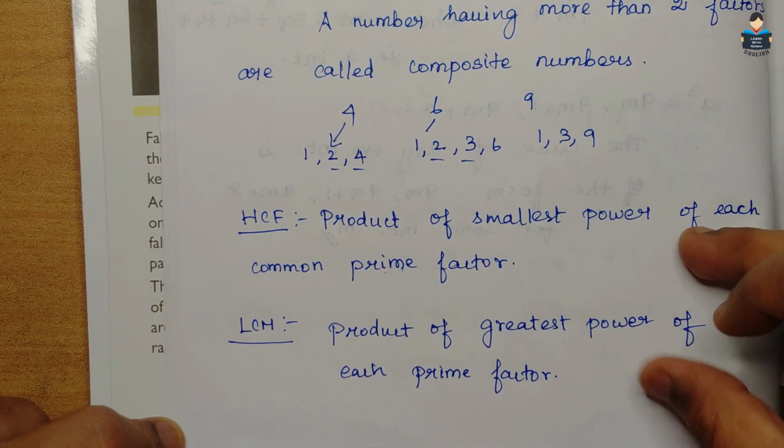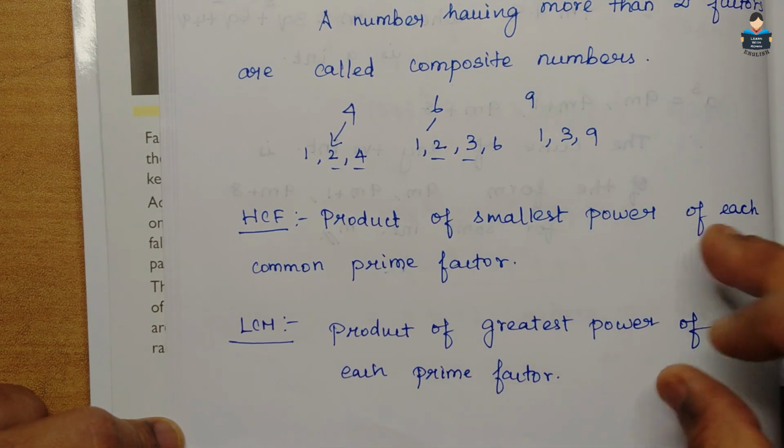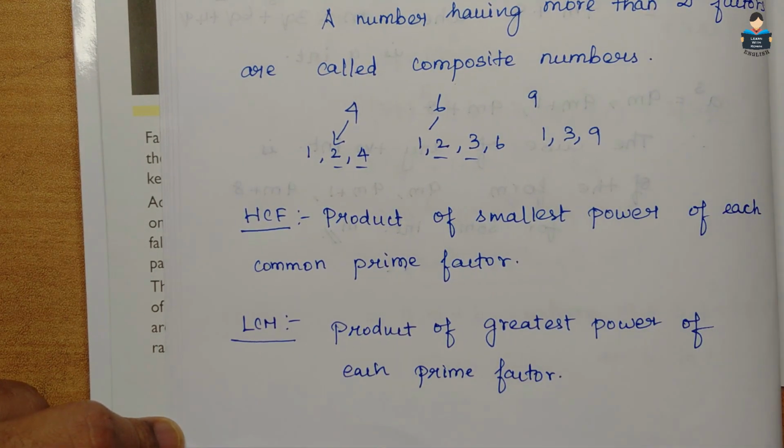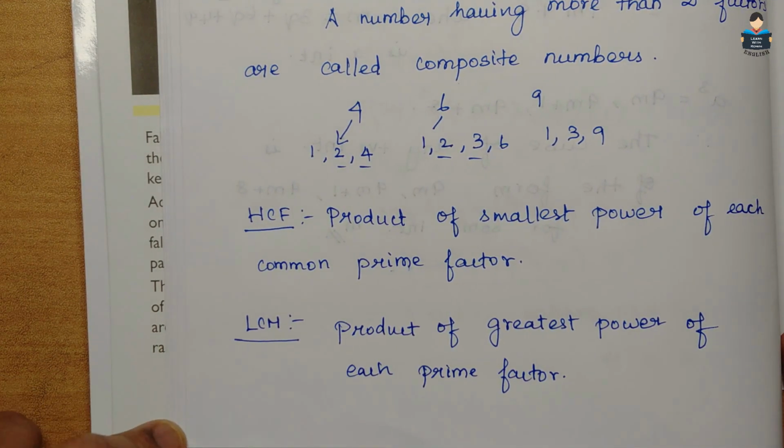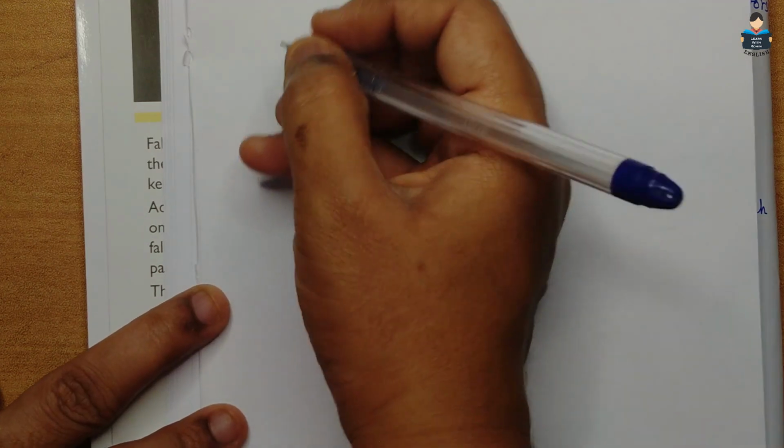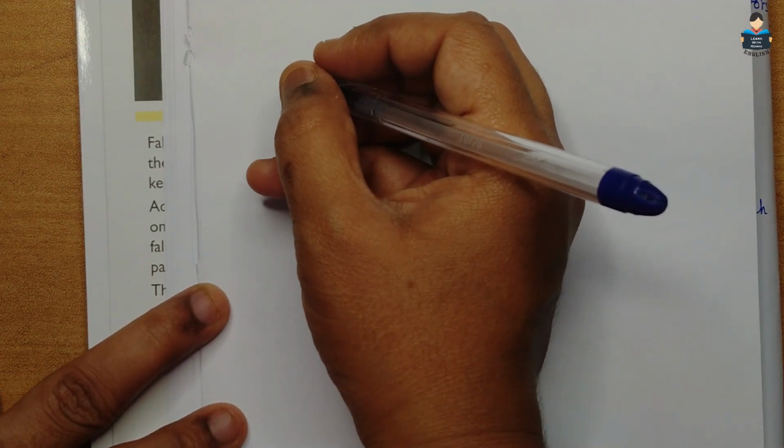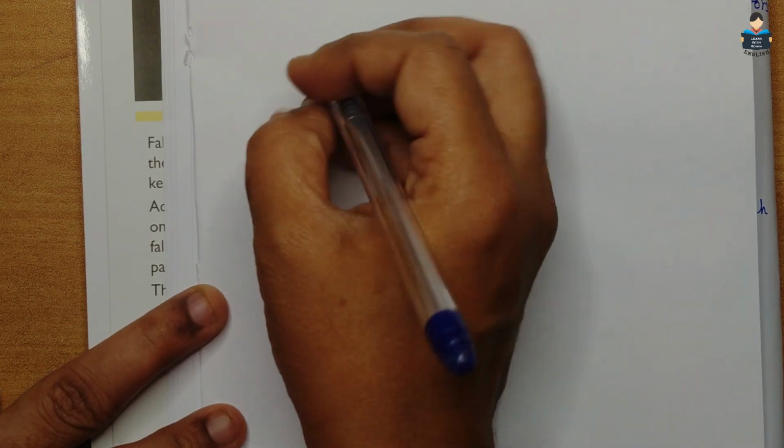We will see an example for HCF and LCM so that we will get a better understanding. We will take two numbers and find the LCM and HCF of those two numbers.